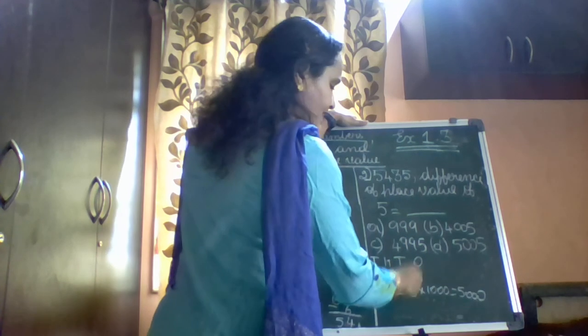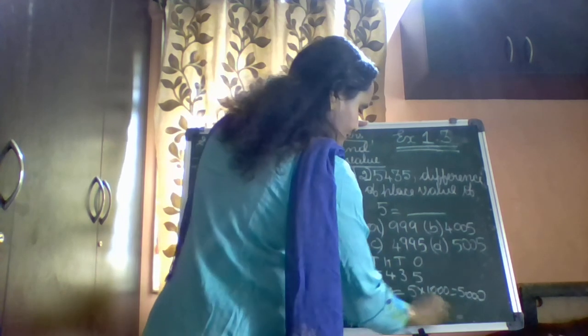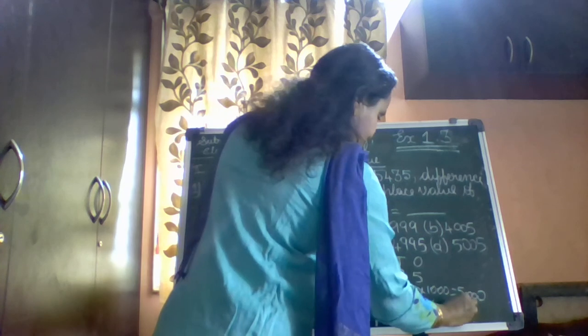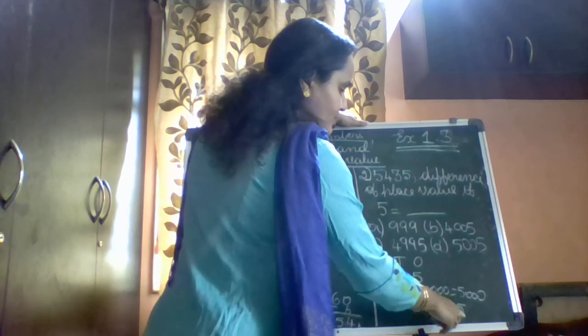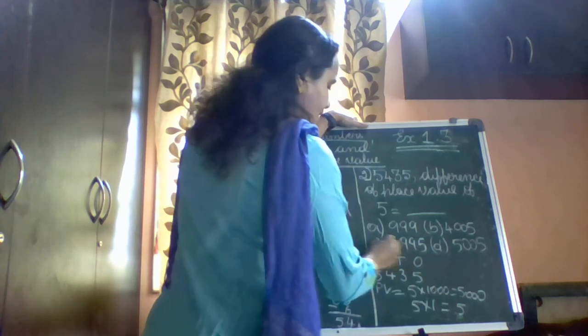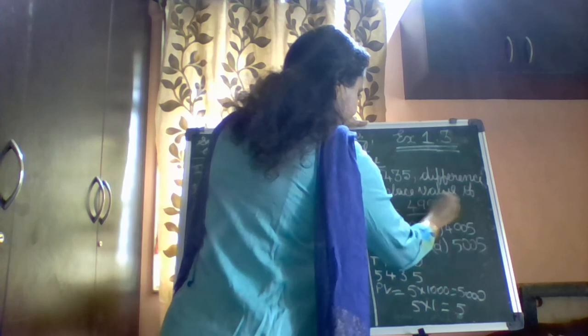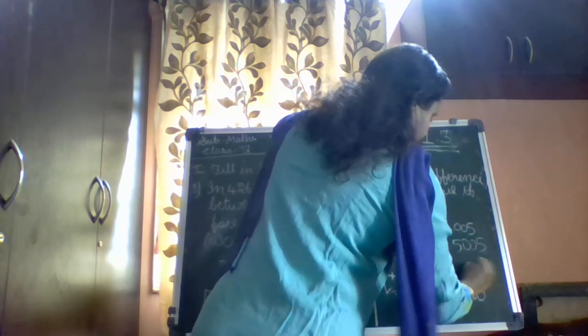Then one more 5. 5 is in ones place. So 5 into 1 is 5. Now subtract 5000 minus 5, which is 4995. This is the answer. Subtract this 5000 minus 5. You get the answer as 4995.